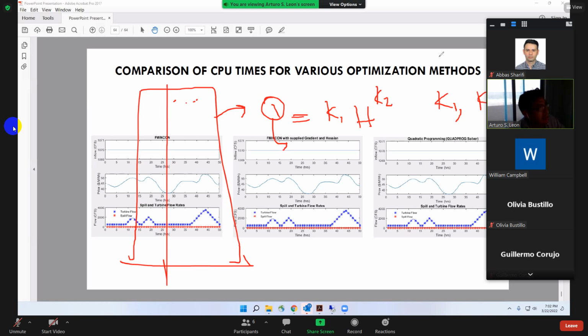So basically, guys, you have the data. The data is telling you this is Q and this is H, right? But I'm saying the flow can be described as K1 times head to the K2. So I ask you, what are the values of K1 and K2? What do you do?